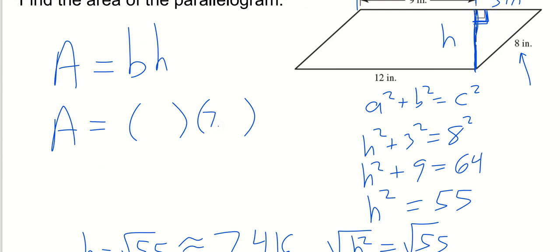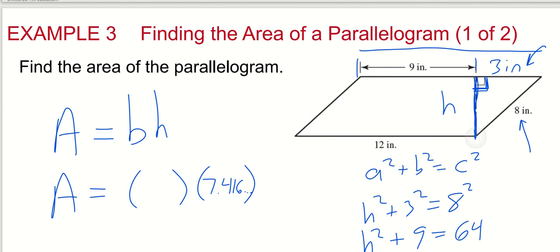So it's that 7.416. I'm going to use as many of those digits as I can until I have to round at the end. And the base is the side that the height is drawn to. So from this vertex, I'm drawing the height to this side. The length of that whole side we know is 12. So we simply multiply.